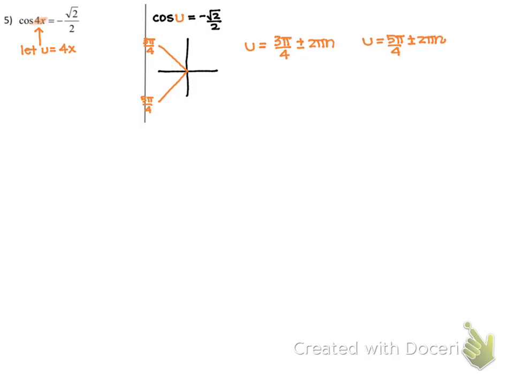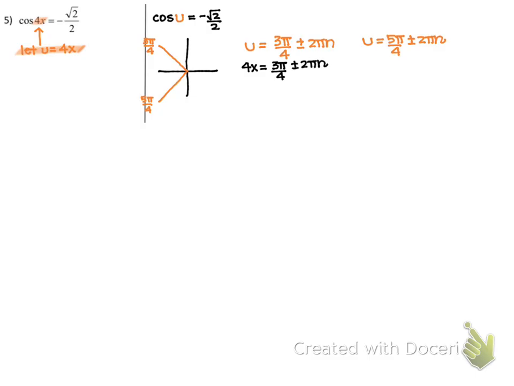So if I take a look back over here on the left-hand side that is highlighted in orange, I let u equal 4x. So where I see u's, I'm going to replace it with 4x. I am resubbing back in, and then carry down what's on the other side.